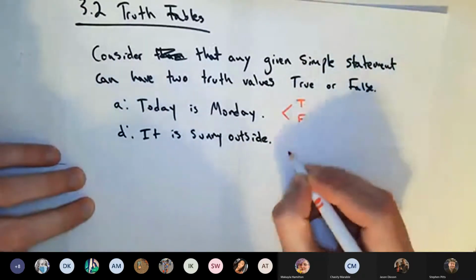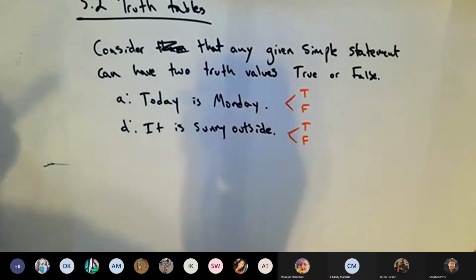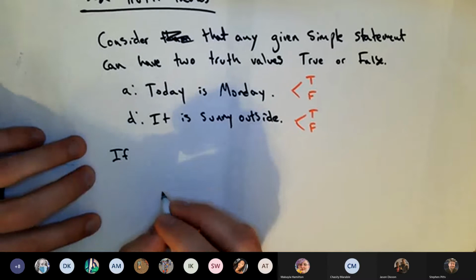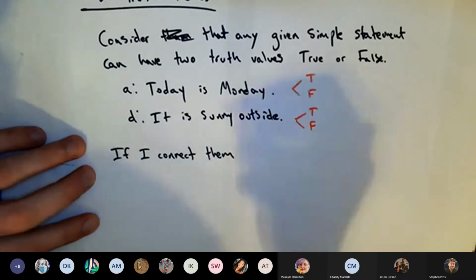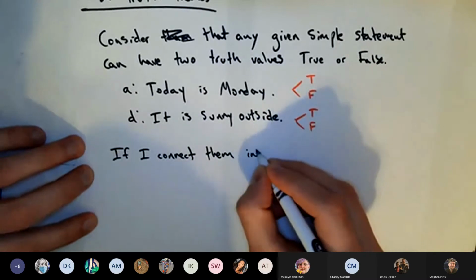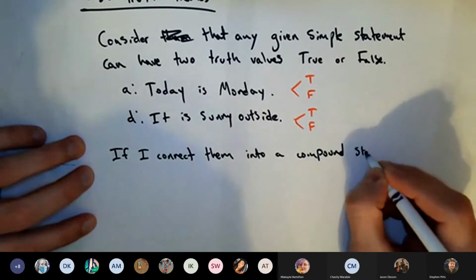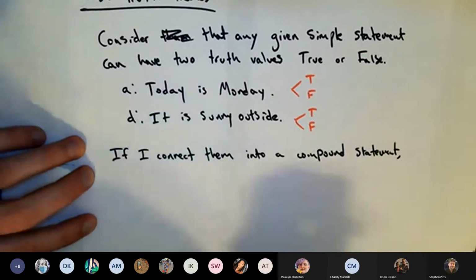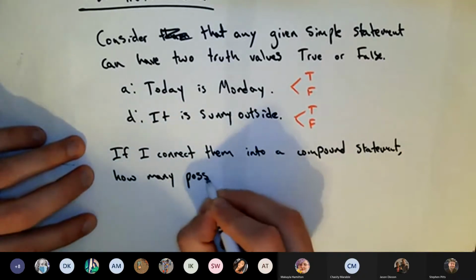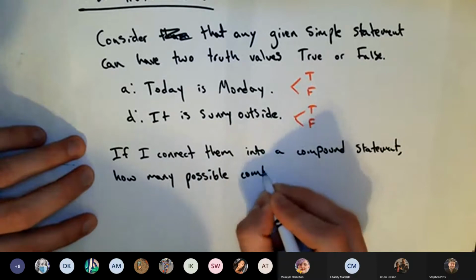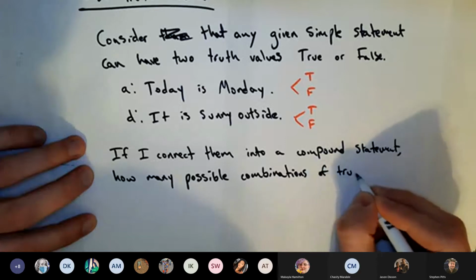So I'll say T or F, and this one has a T or F. If I connect them into a compound statement, and I'll just say "and" for the sake of an example, how many possible combinations of truth values can I have?